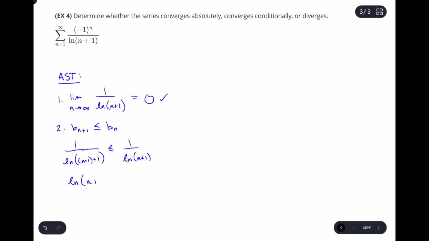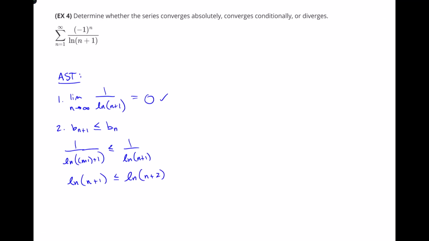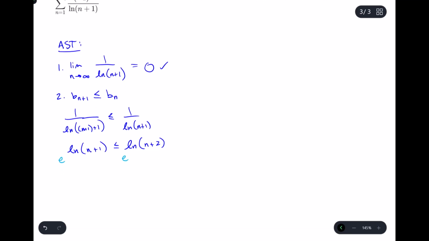So multiply both sides here, and I'm going to go ahead and simplify this, the natural log of n plus 2. And if I take each side of this inequality and make it an exponent with e as its base, then e and natural log effectively cancel out, leaving me just the argument.